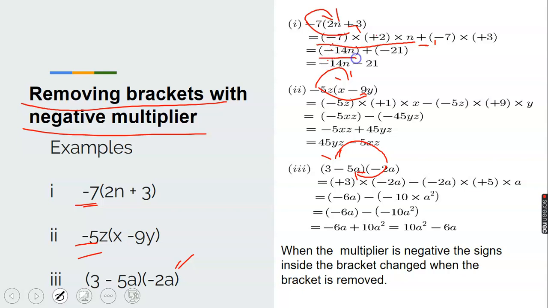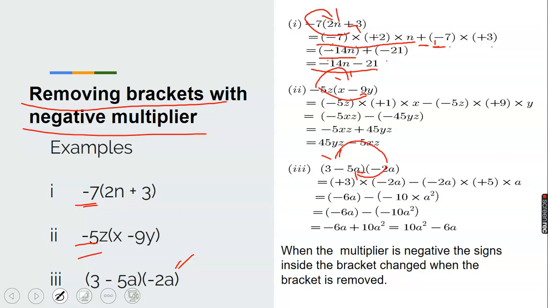Times n, it will be minus 14n. Minus 7 times plus 3, it will be minus 21. That means our answer will be minus 14n minus 21. Is that clear? Minus 14n minus 21.